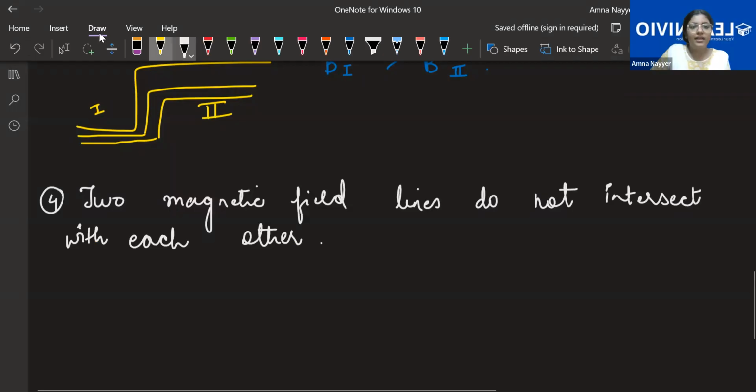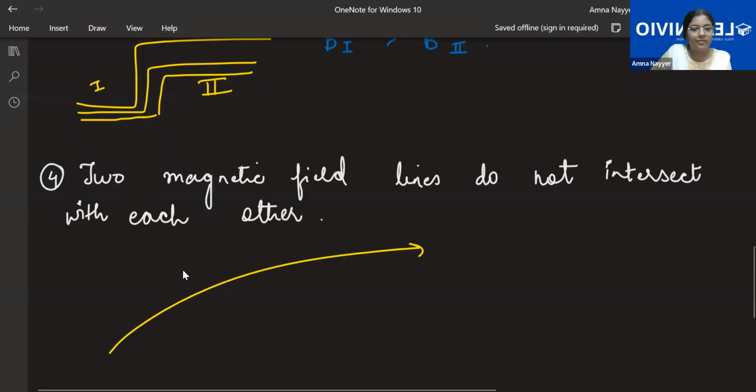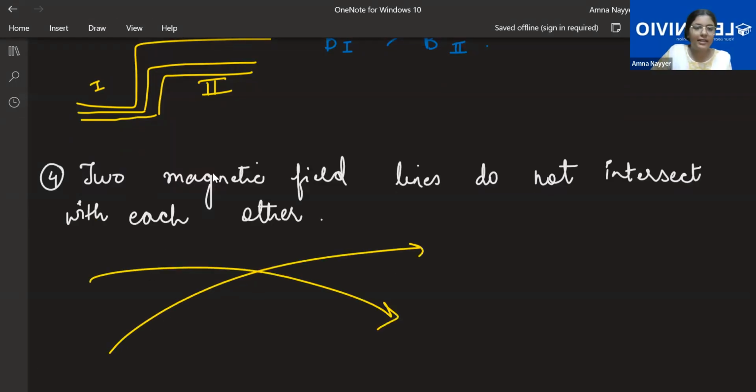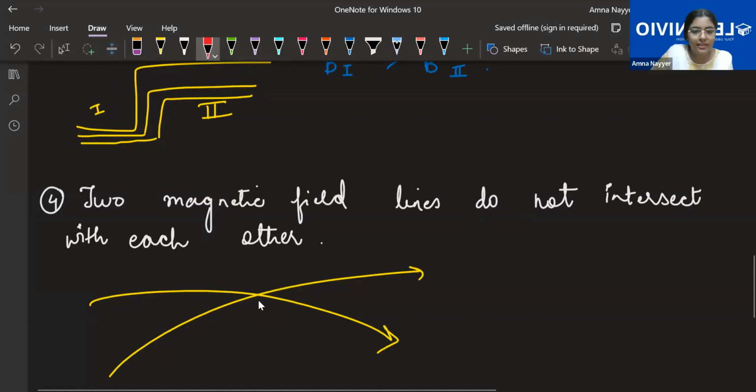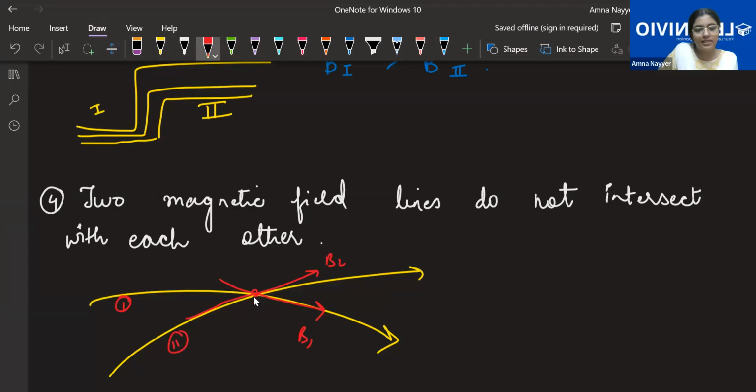The reason was that if, let's say, two magnetic field lines are there and they are intersecting, then at this point the direction of the first magnetic field will be this, and the direction due to the second one will be this. At the same point it is giving two different directions, which is physically impossible.